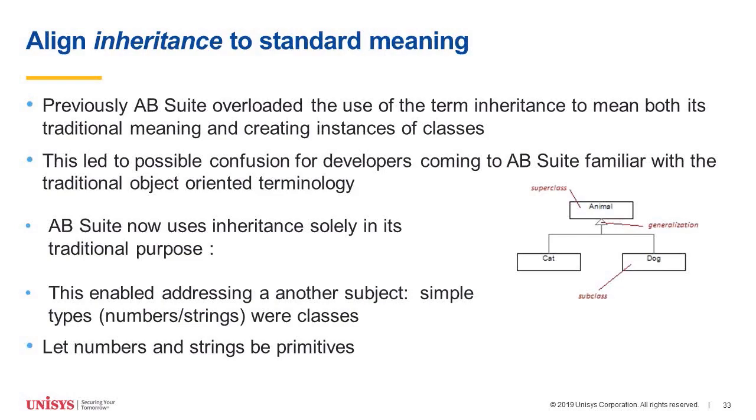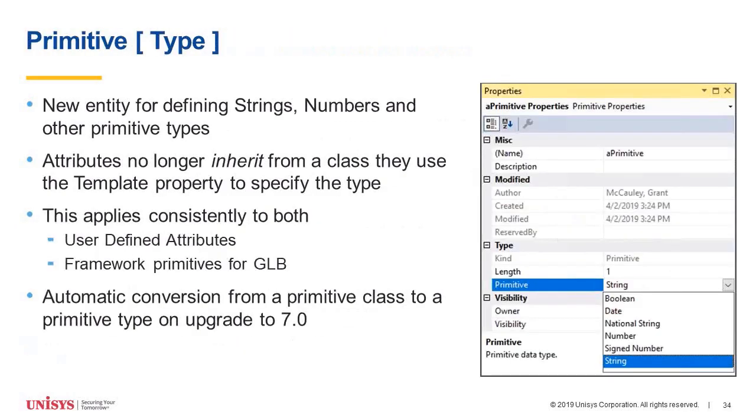And we decided, let's let numbers and strings be numbers and strings and be primitives. So we have enabled a new item, a primitive type, to define strings, numbers, dates, and the other items that make up primitives. As I said, they no longer inherit from a class.